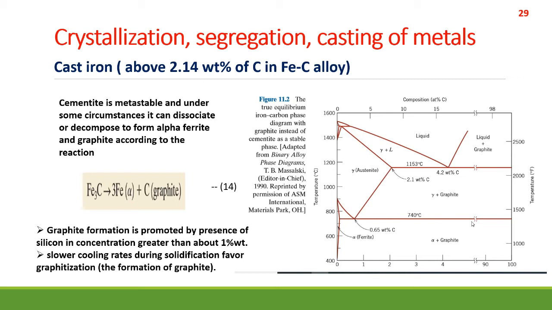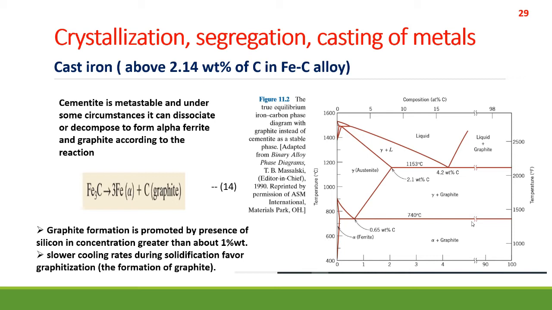As I already discussed with you, cementite or Fe3C is not a stable state, but rather a metastable compound. The stable state is graphite, so it will always have a tendency to jump from the metastable state to the stable state.